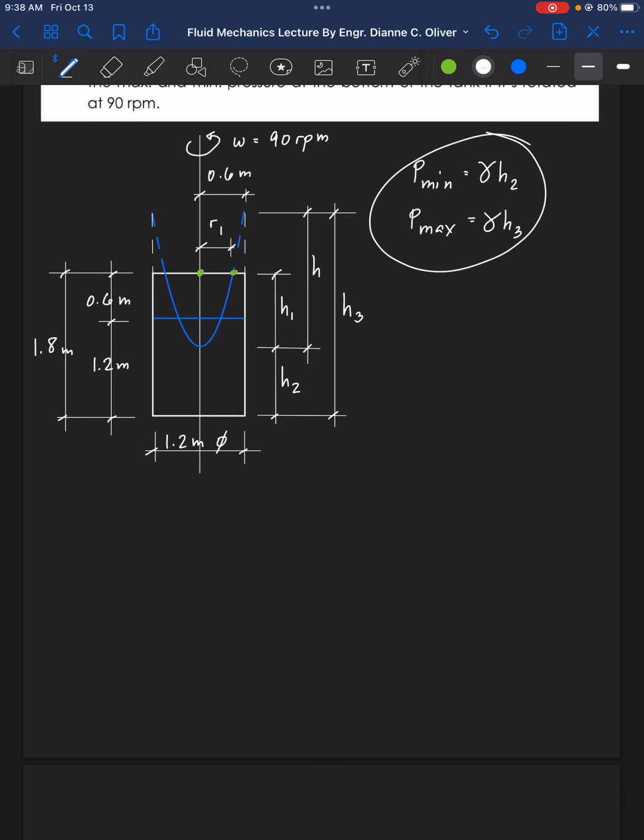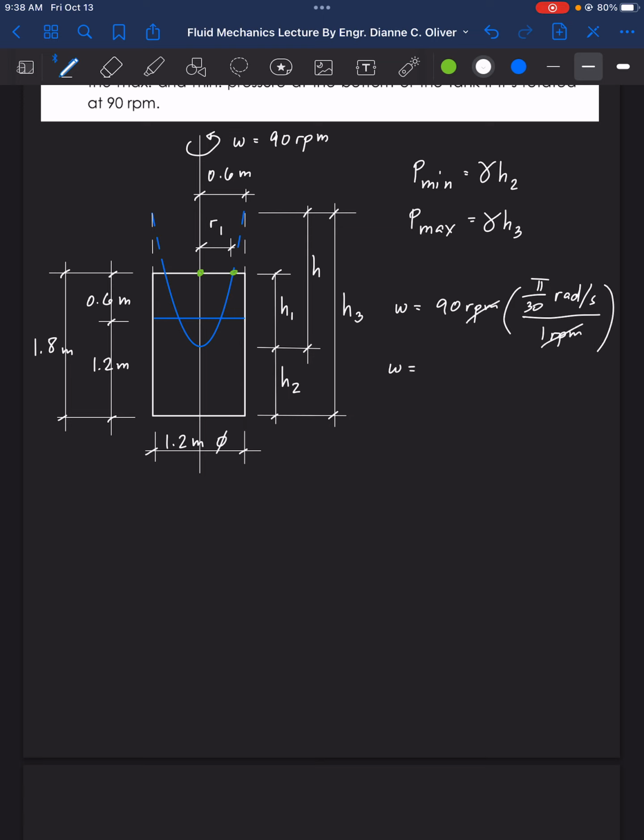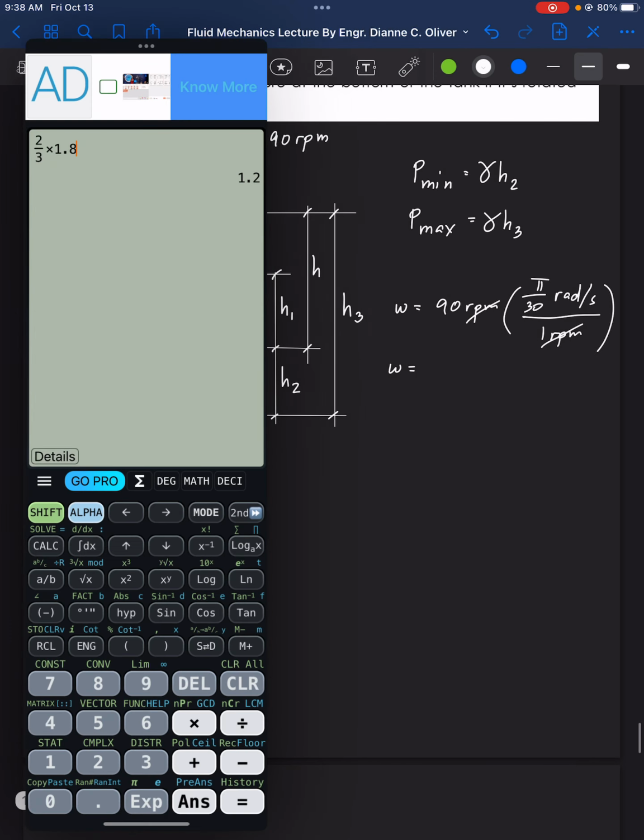So we need this. What is the value of 90 RPM in rad per second? This is pi over 30 rad per second over 1 RPM. So cancel RPM. We now have omega.